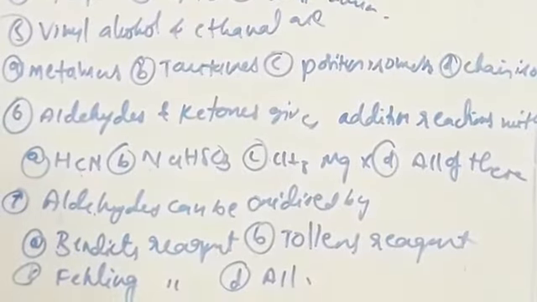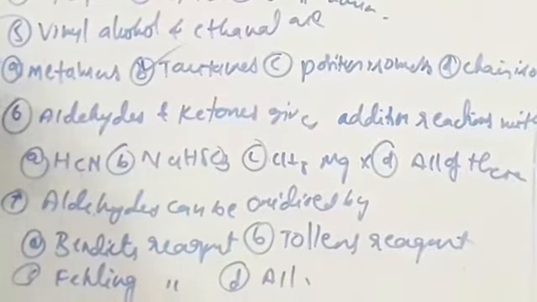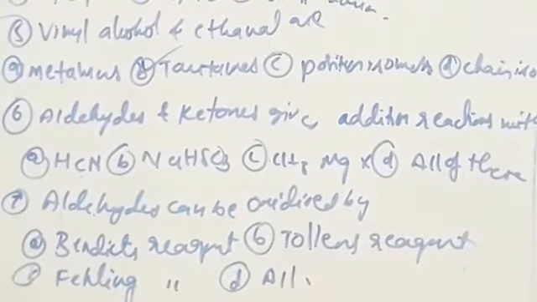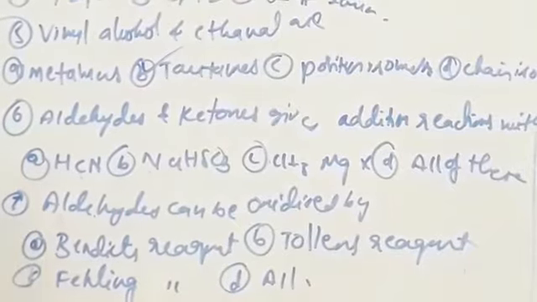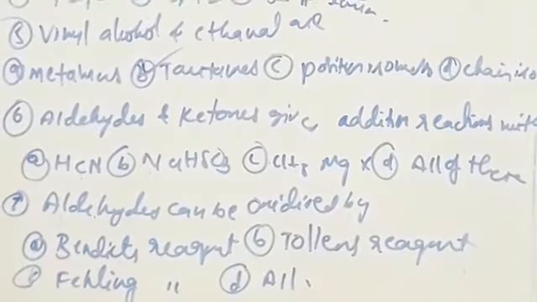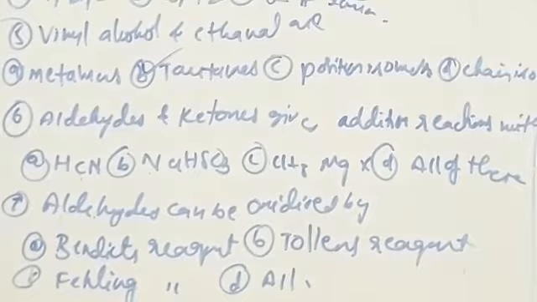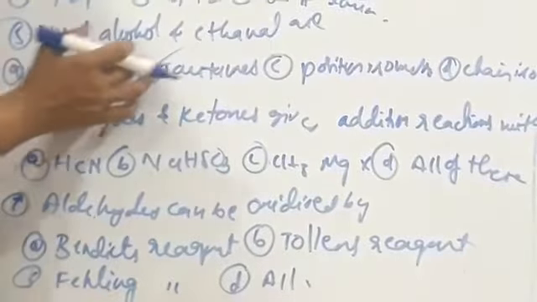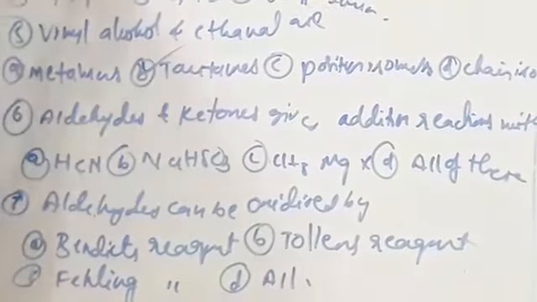So those are called tautomers. Keto-enol tautomerism is present between the keto group of acetaldehyde and the OH group of vinyl alcohol. That's why vinyl alcohol and ethanal are called tautomers.